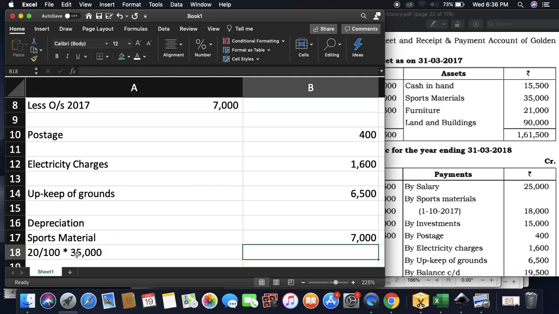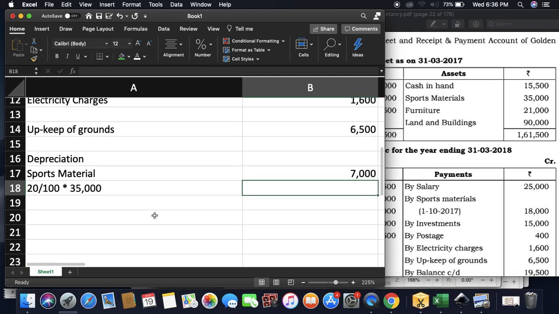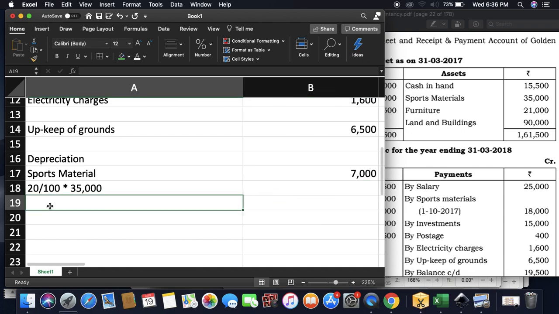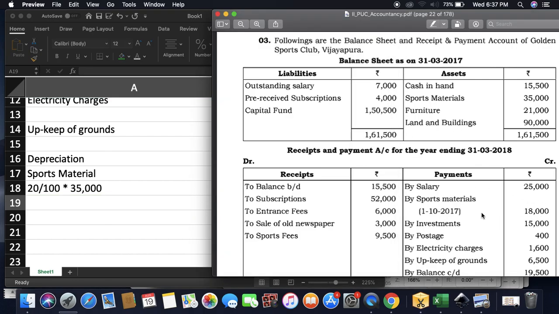If it is 5%, remove the zero and divide by 2. These are tricks to do time management in examination. So we've calculated 35,000 for this, but we also have to calculate depreciation for this 18,000 as well.